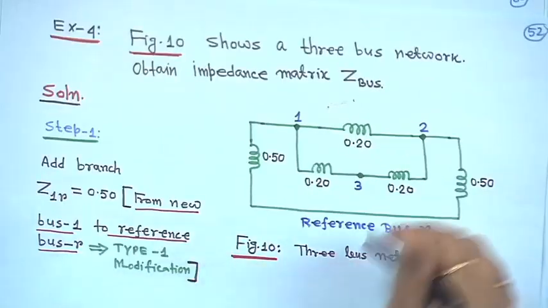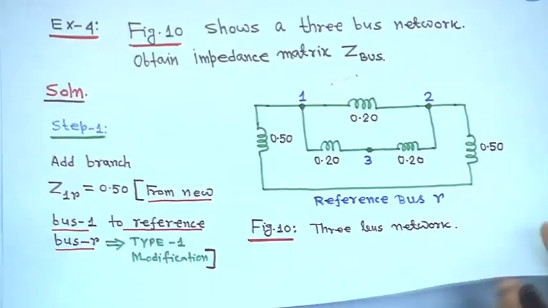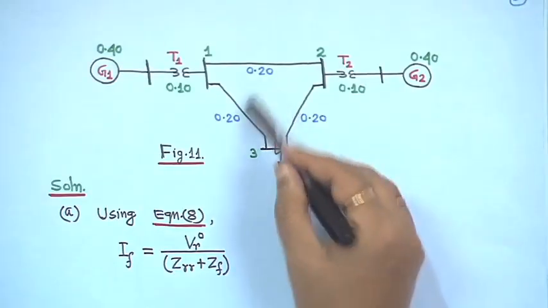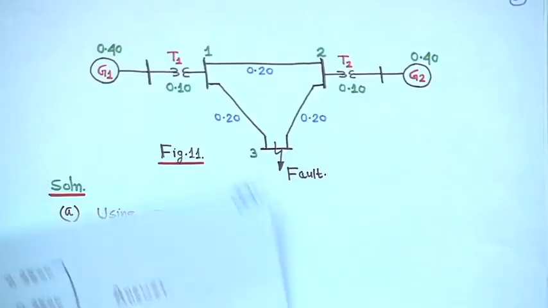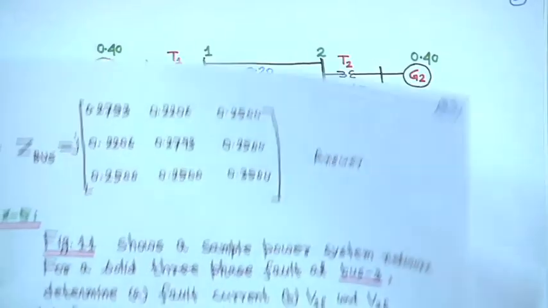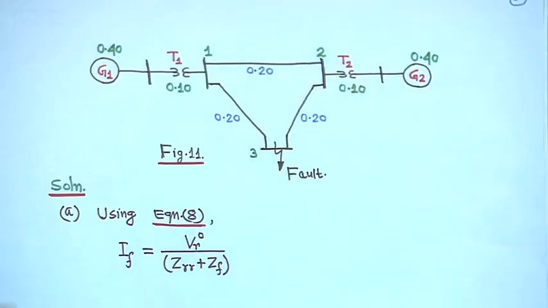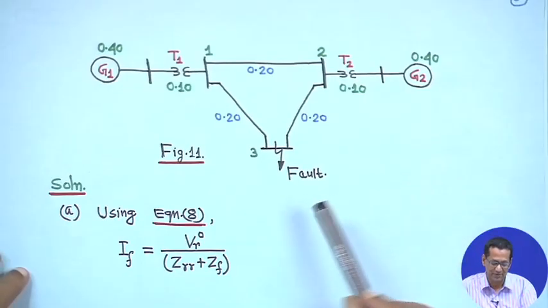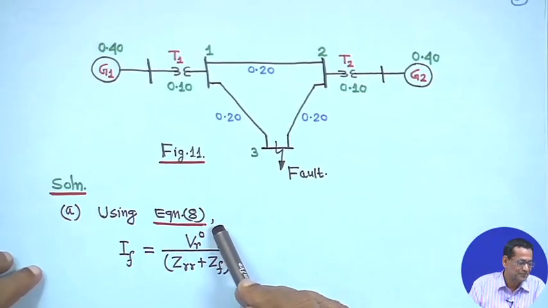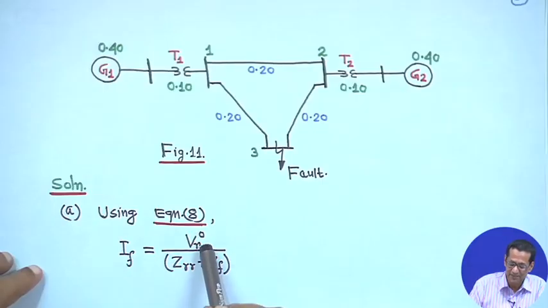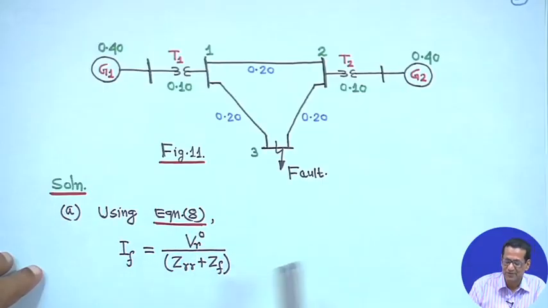The same data is taken, and you have to find out the fault currents and the line fault currents, Ig1f, Ig2f, and V1f and V2f. So, using equation 8 you can write If is equal to Vr0 upon ZRR plus Zf.